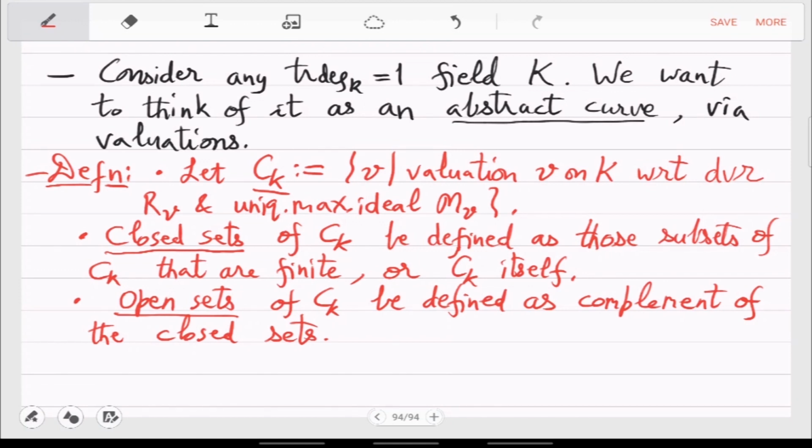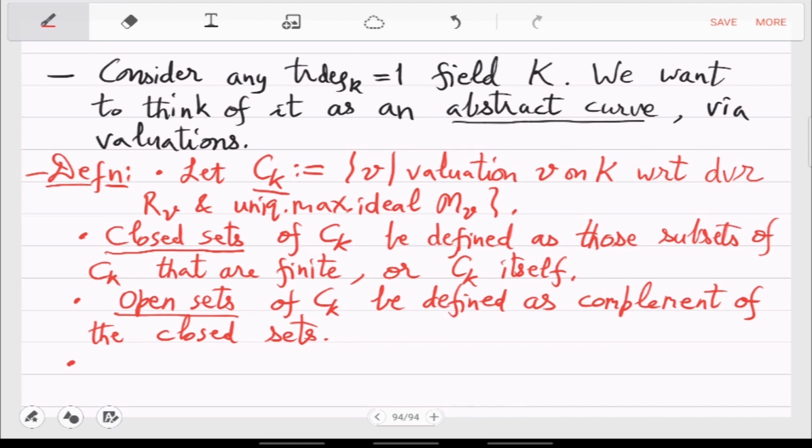Okay, and so once you have points, closed sets, open sets, what remains? What remains is what are the functions on top of this? On an open patch, what are the regular functions, right, which we took many classes to define for curves.